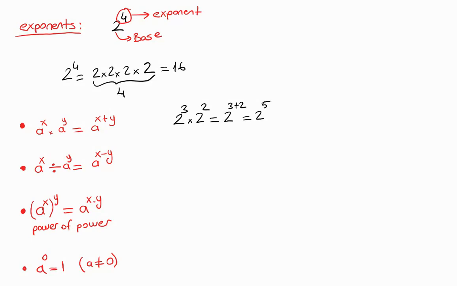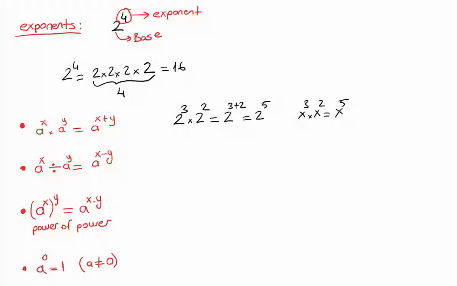We can also use x's, like x to the 3 multiplied by x to the 2 is equal to x to the 5. X or y or a, whatever variables you are using.